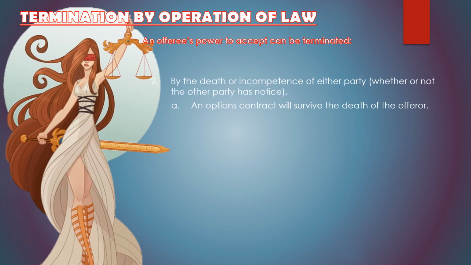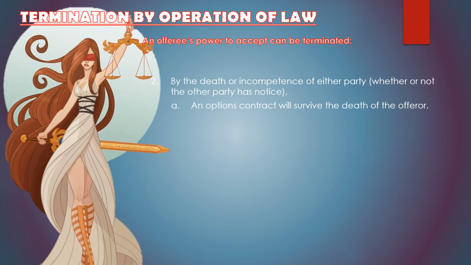By the death or incompetence of either party, whether or not the other party has notice. Now, if you stop and think about this for just one second, if I offer to sell you my car for $10,000, and while you're thinking about it, I die, to whom can you accept the offer? Nobody.